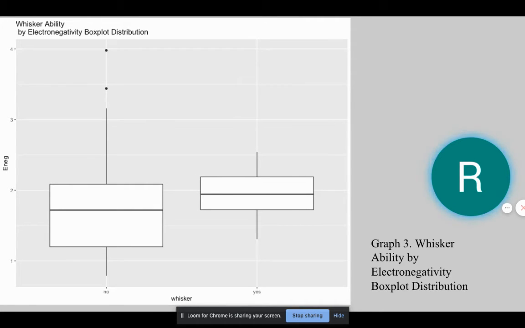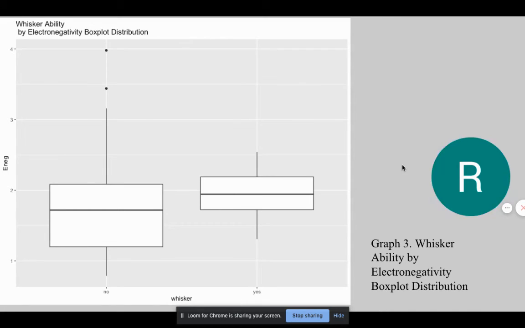We have the whiskerability on the x-axis, electronegativity on the y-axis, and we have two corresponding box and whisker plots which show the min-max, and then the middle rectangle is the middle 50% of the observations, and then these two black dots up in the top left-hand corner, those are outliers. So you exclude the outliers from the distribution.